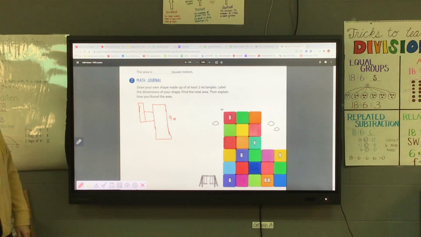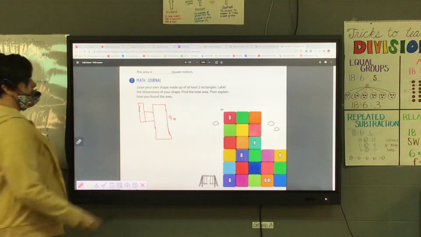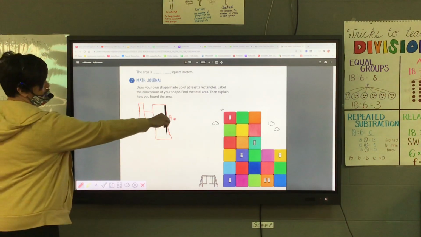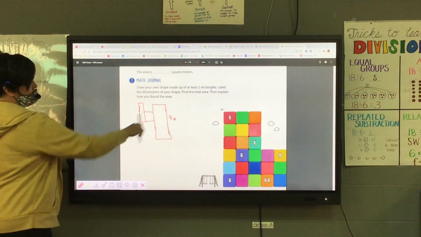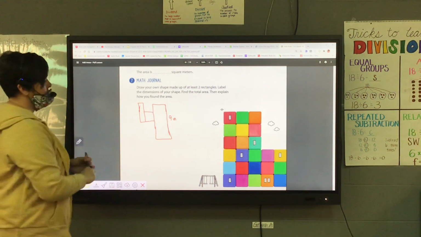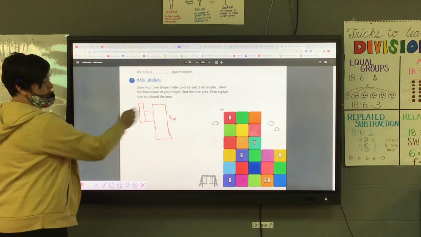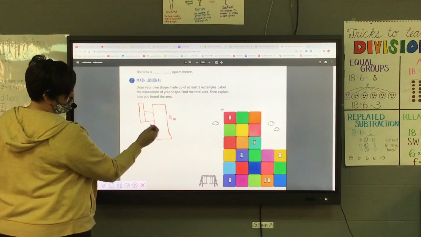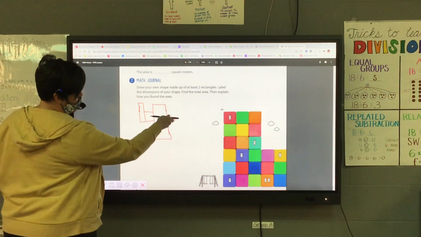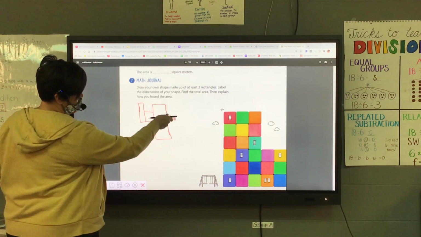Got it? Yep. Okay, now I know that if this side is 9 inches, what is this side going to be? 9 inches. But it's broken apart, right? So I would say that this would be halfway.